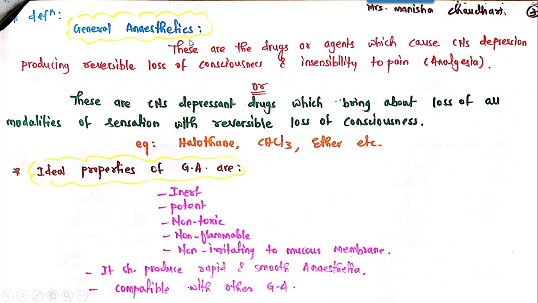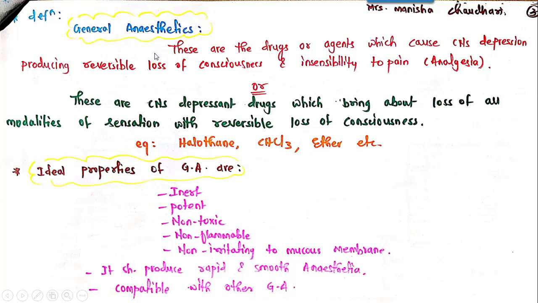So general anesthetics are the drugs which produce the state called general anesthesia. General anesthetics are the drugs or agents which cause CNS depression. As you very well know, in the general anesthesia definition we have seen it is a state of reversible CNS depression, which produces loss of consciousness along with analgesia.